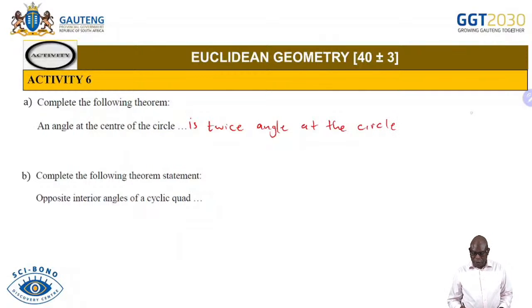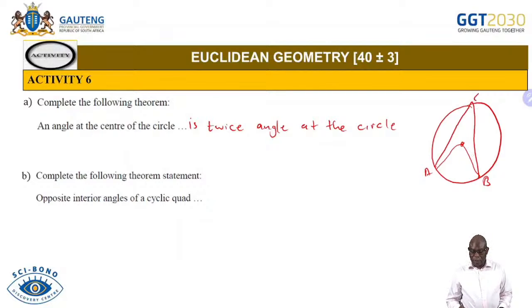That is the theorem that says, if I've got the angle that is formed at the center, it's twice the angle that is formed there. So if I've got A, B, C, and O, the angle AOC is twice the angle that is formed at the circumference, or at the circle.